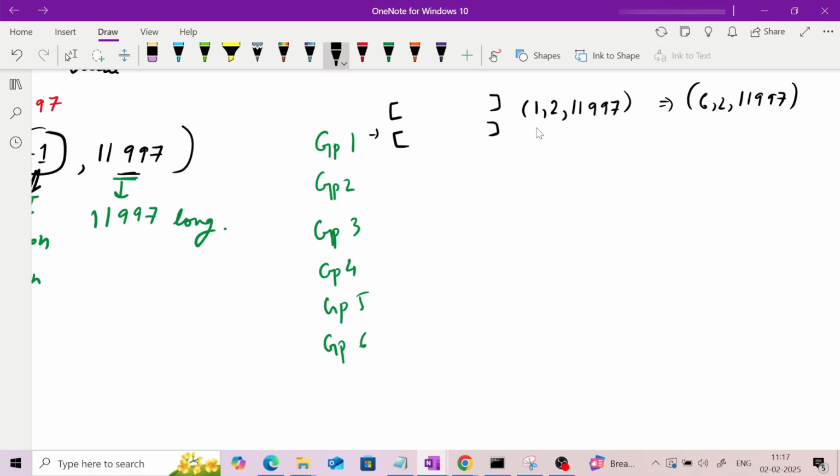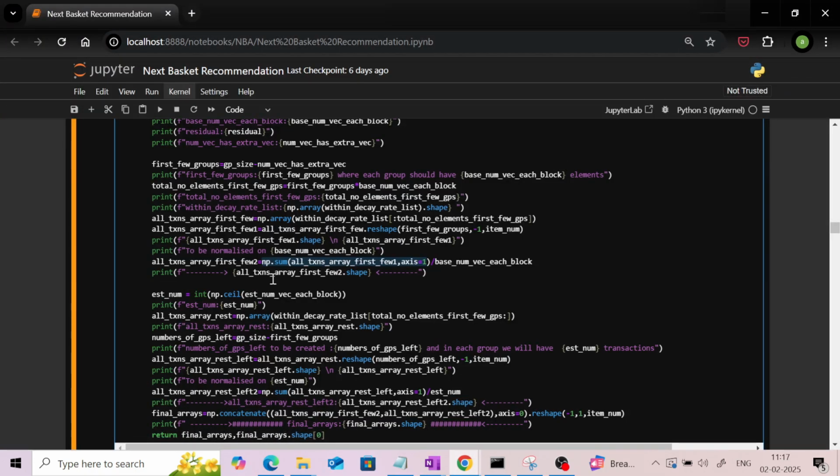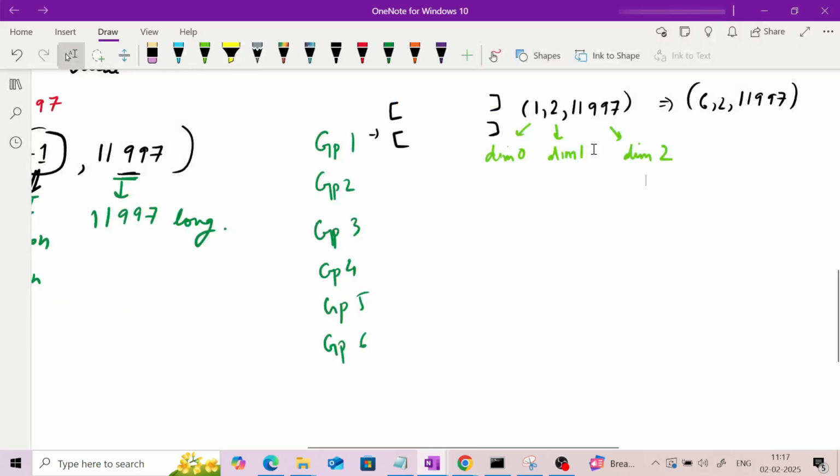So for that, this is known as dimension 0 of an array, this is dimension 1 of an array, and this is dimension 2 of an array. In this particular case, we are saying sum all the arrays via axis equal to 1, which means sum it via the first dimension.